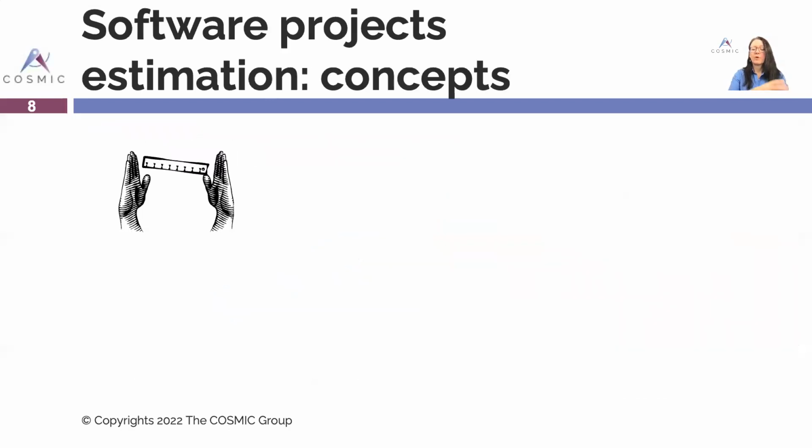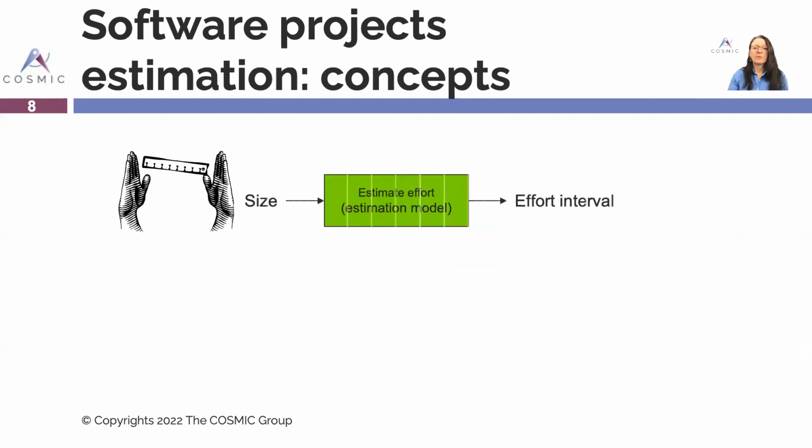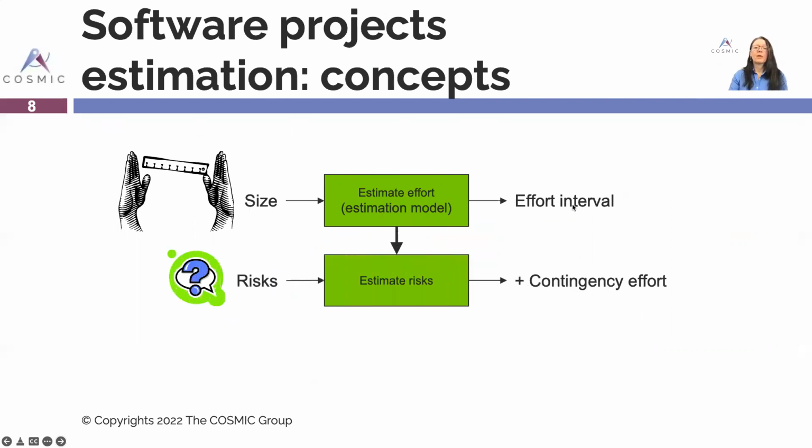Now, we have an equation, we have the standard error, so with that estimation model, you fill in the size, and it's going to give you an effort interval. You still have to estimate the risk. Not that we need to add a lot of effort for the risk, because those projects in the data set that was used to produce the estimation model did include risk mitigation effort.